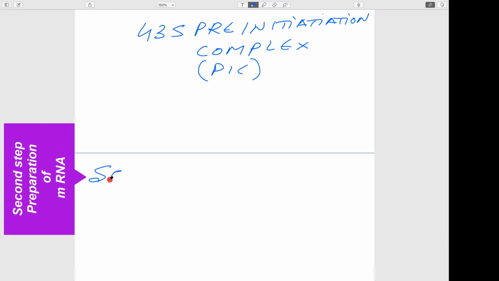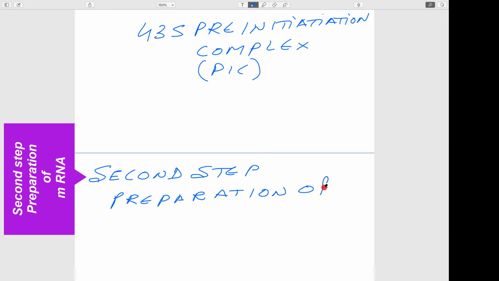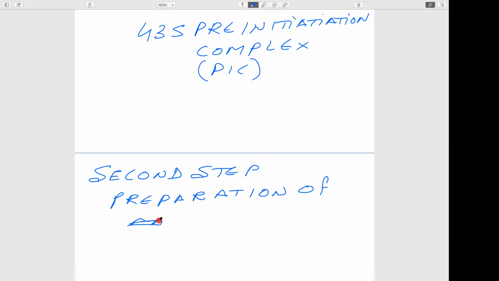Then, next we are coming to the second step. This is the second step. So what happens in the second step? Preparation of messenger RNA is taking place.